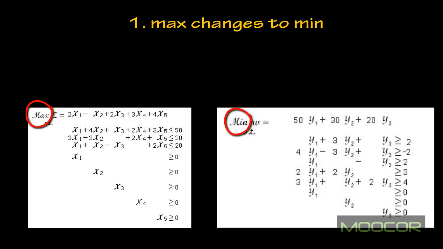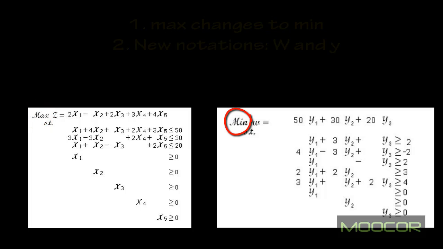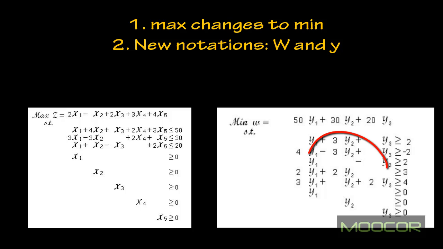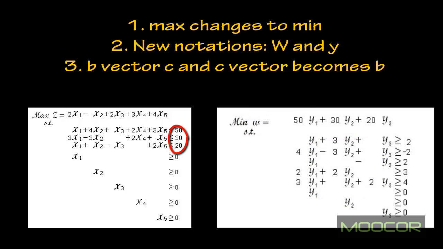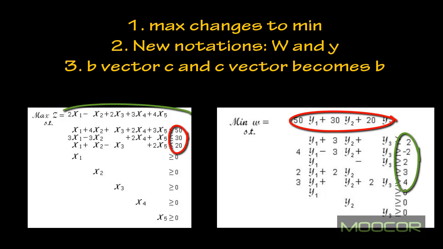First, the max becomes the min, then you have new variables: z and x's become w and y's. Then the b and c vectors will change their locations. B becomes c, c becomes b.